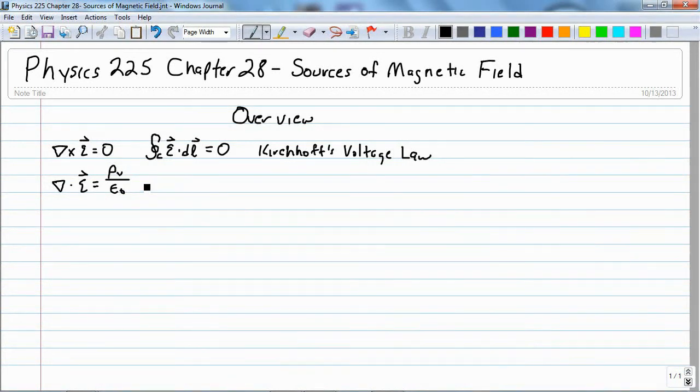And we found that by taking the volume integral around both sides, that we came up with an integral for the electric field dot product with the differential area vector is equal to the amount of charge enclosed over epsilon naught. And we had this as Gauss's law.